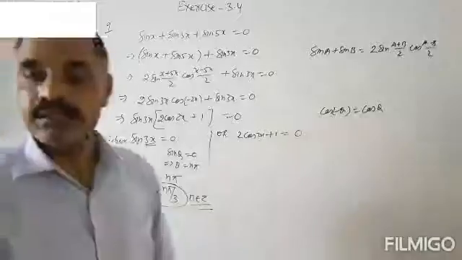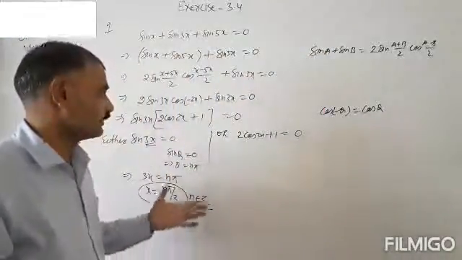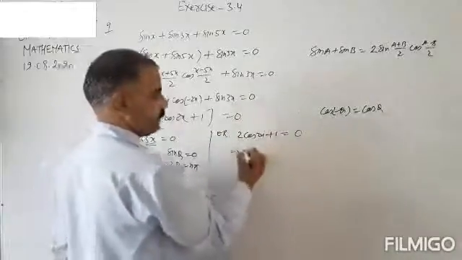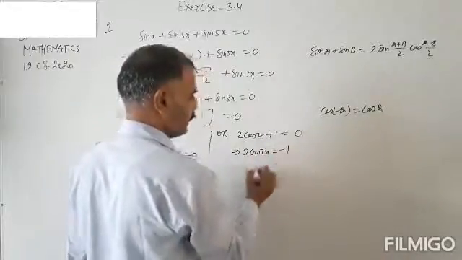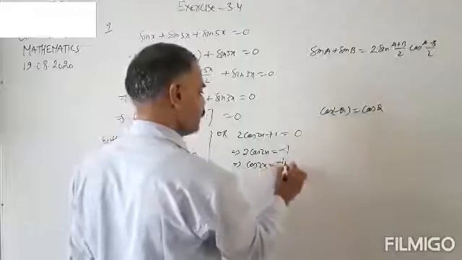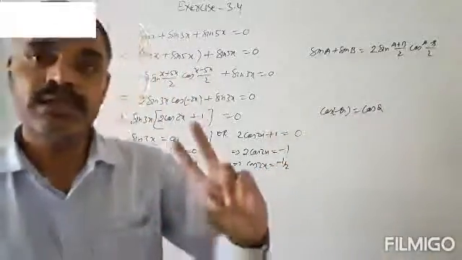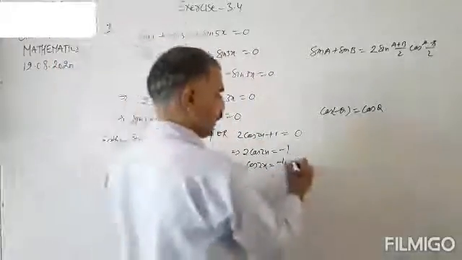Now the second trigonometric equation, that is 2 cos 2x plus 1 equals 0. So 2 cos 2x equals minus 1 and cos 2x equals minus 1 by 2. Now let us forget the negative sign.